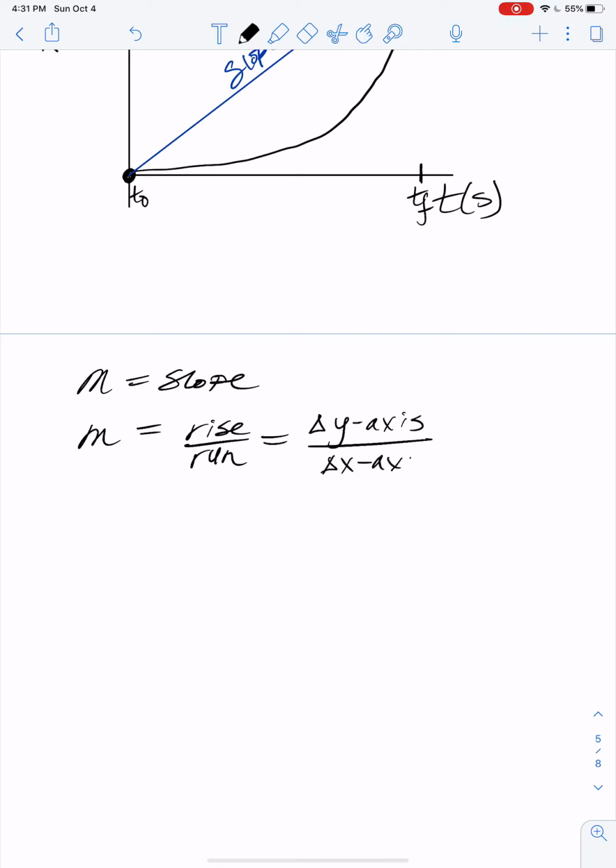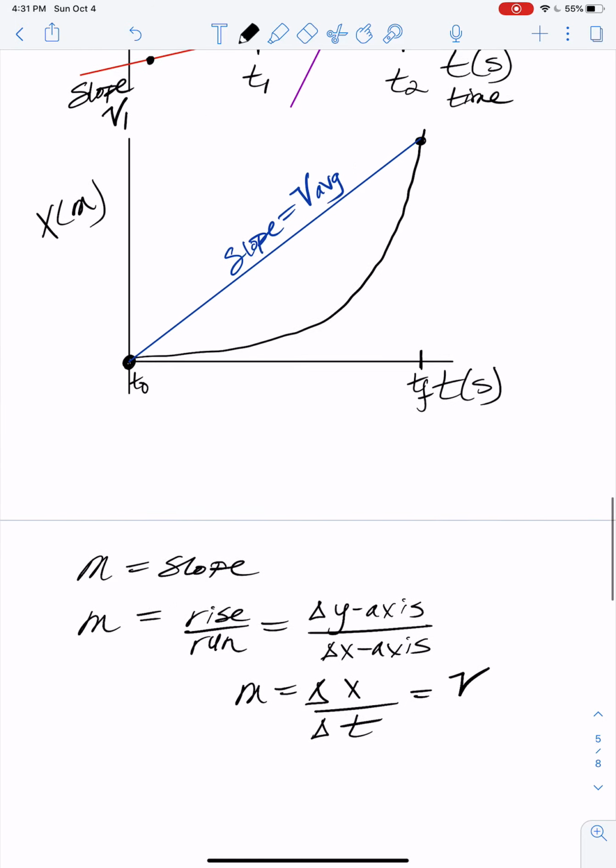That's better. And then we can say that that's equal to delta x over delta t, because I have position on the y-axis and time on the x-axis. So the slope is velocity. And we know that formula, we've been using it.